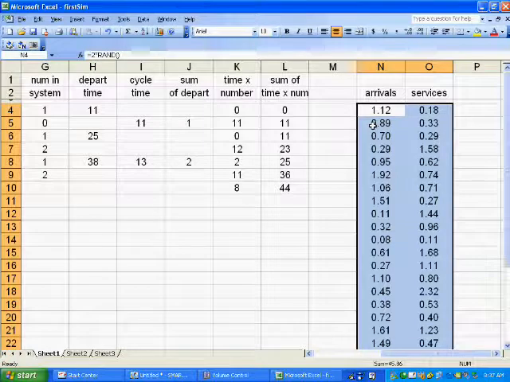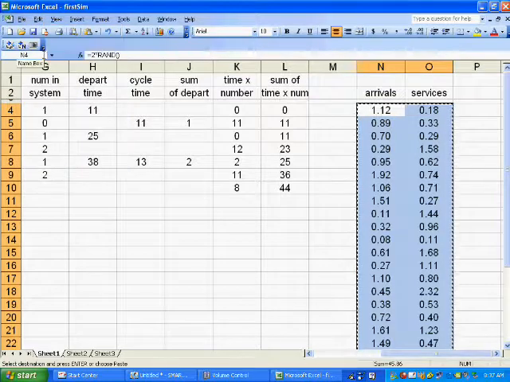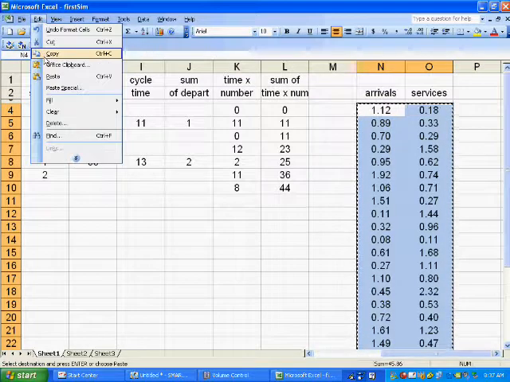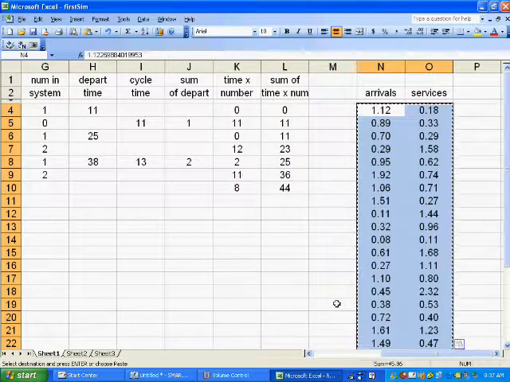Every time I do a calculation, it's going to change them. So what we could do is, if you're positive you have enough, you could hit copy, and then paste special values. So now I have fixed my stream of random numbers, okay?